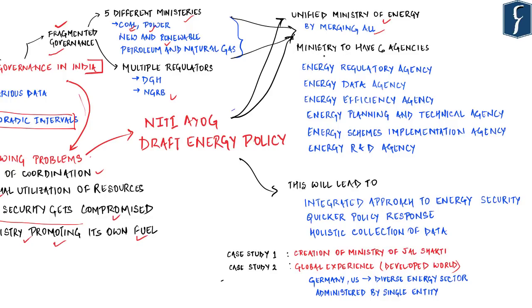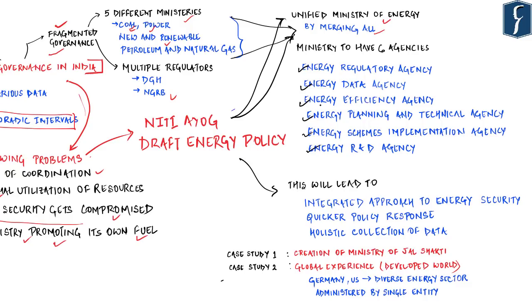Now, the proposed ministry will have six agencies under it to handle various aspects of energy security. To name all of them: first, Energy Regulatory Agency, Energy Data Agency, Energy Efficiency Agency, Energy Planning and Technical Agency, Energy Schemes Implementation Agency, and Energy Research and Development Agency.